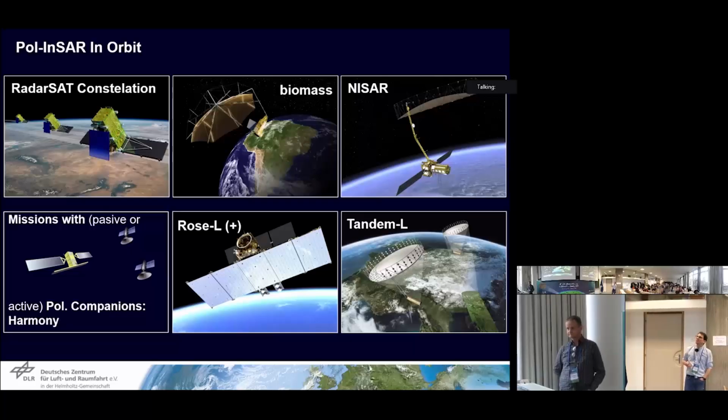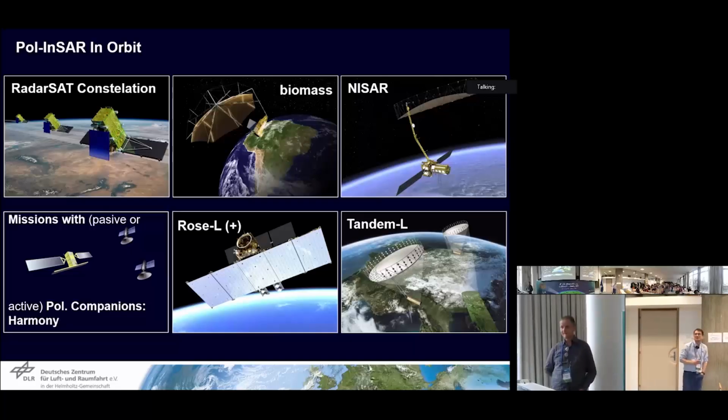There are also options being evaluated so that you have a baseline as well, which could be through companion satellites especially. And then Tandem-L stayed as a mission proposal, but by itself, single pass interferometry with quad pole acquisitions tells you that it is something that can be realized.